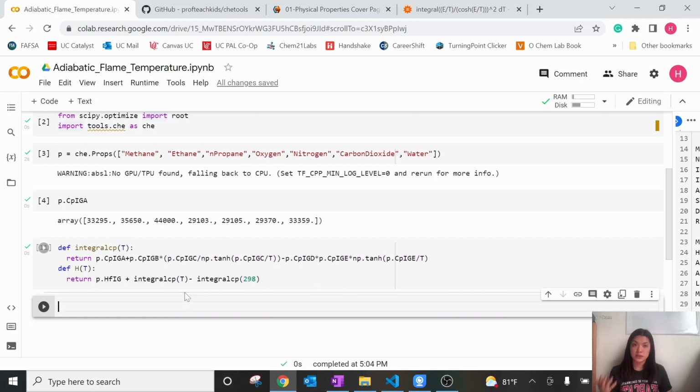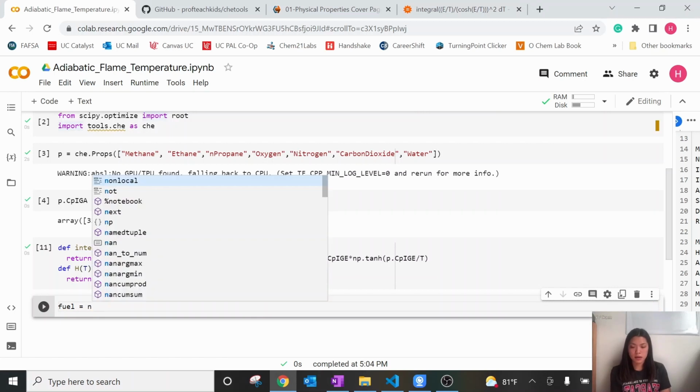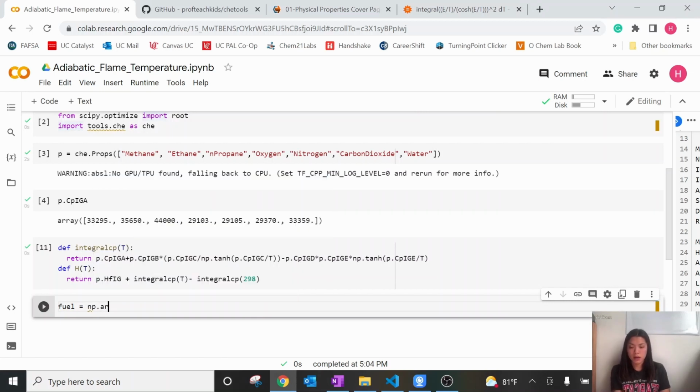To begin, we're going to input the number of moles that are in this problem. And so we have the fuel, which is the natural gas, and there is an array of those.